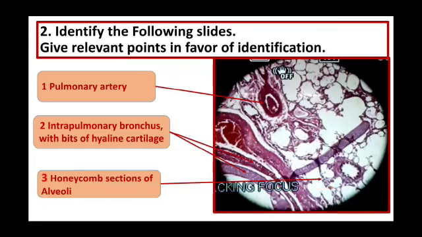So pulmonary artery has been focused. Apart from that, we can see the intrapulmonary bronchus with bits of cartilage, and honeycomb sections of alveoli are seen.